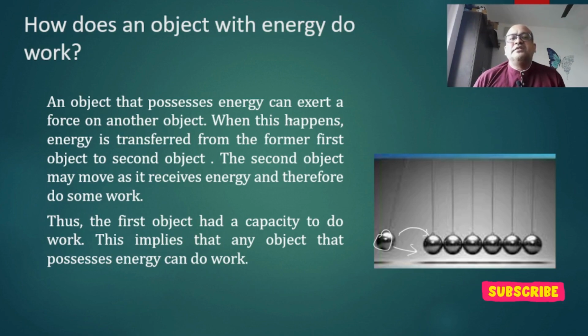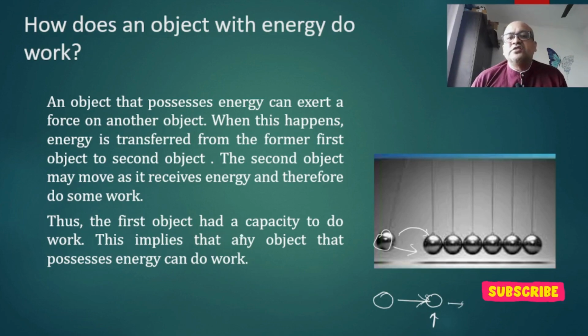When this happens, the energy is transferred from the first object to the second object when the collision takes place. The second object may move as it receives the energy. As this object receives the energy, it moves and therefore does some work. What work will it do? It will show you the displacement.